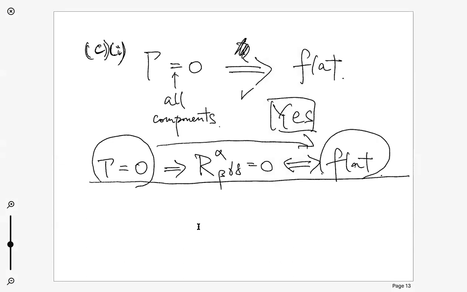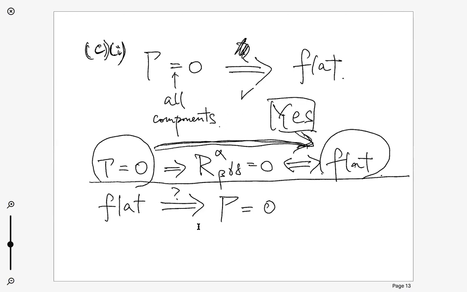But what about the reverse? Does flatness imply that the Christoffel symbol have all the components being 0? Which is the other way around, okay? In the first part, we are talking about this direction. But now we are talking about the other way around, like this.